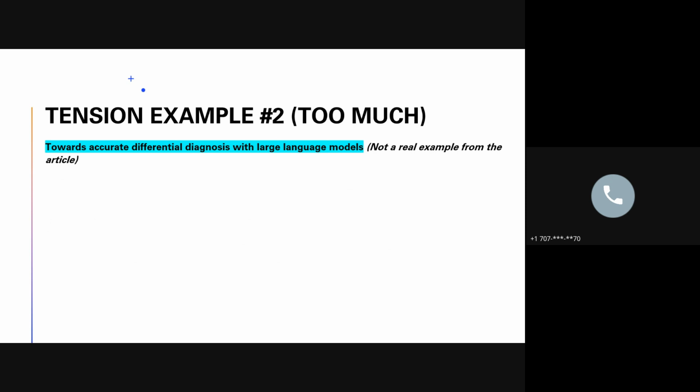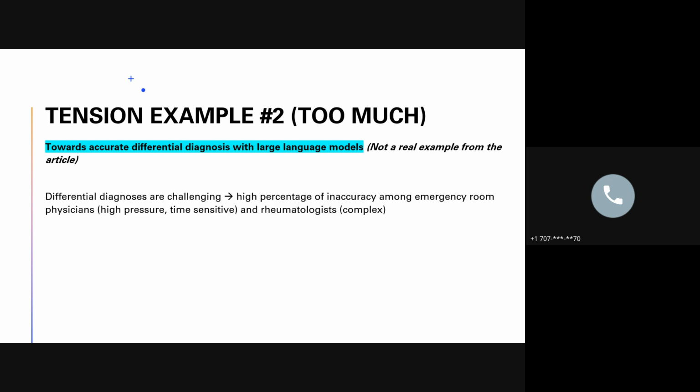So here's an example if they had too much tension in the same article. And again, I imagined this. So now if they said differential diagnoses are challenging, but there's a high percentage of inaccuracy among emergency room physicians who are under high pressure and time sensitive conditions, and rheumatologists who are under complex conditions in terms of diagnoses. And these were two groups that they talked about in the research article. So now I'm saying, okay, we've got a problem.